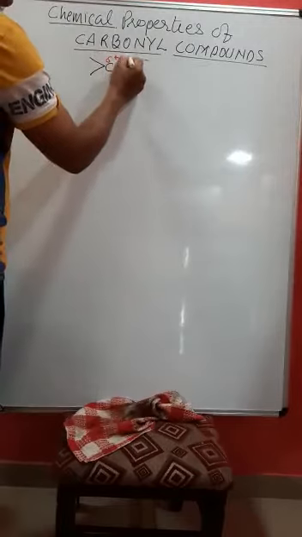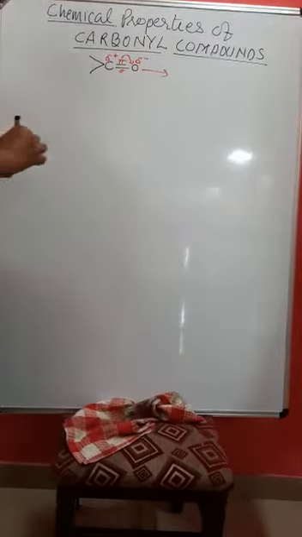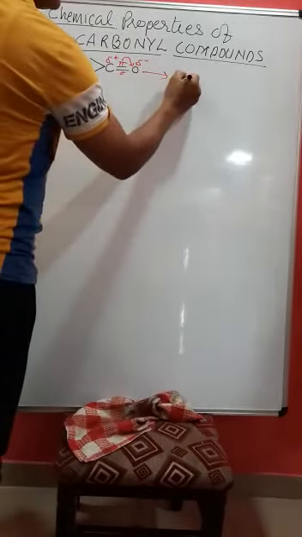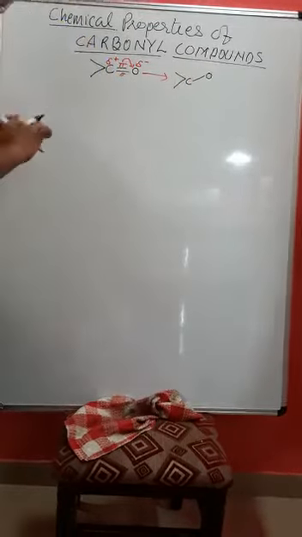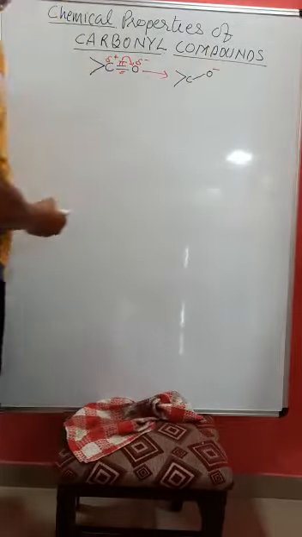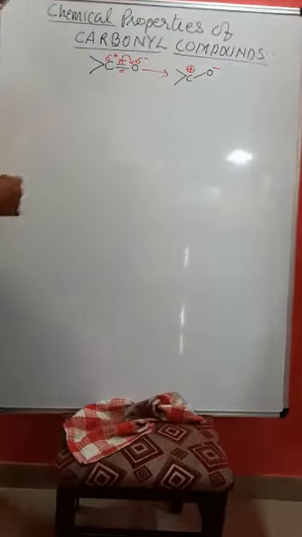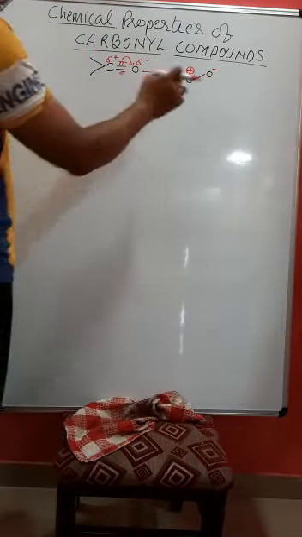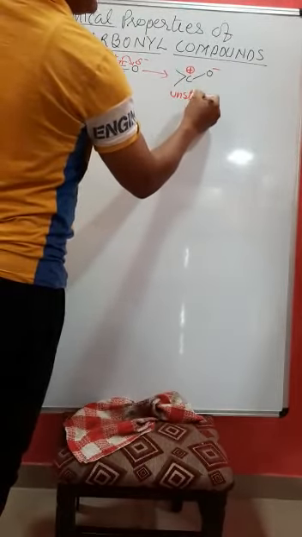Now the structure becomes C+ and O-. The oxygen, being more electronegative, acquires a completely negative charge, while the carbon acquires a completely positive charge. That means the species becomes highly unstable.